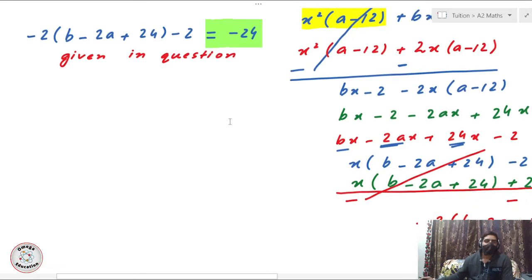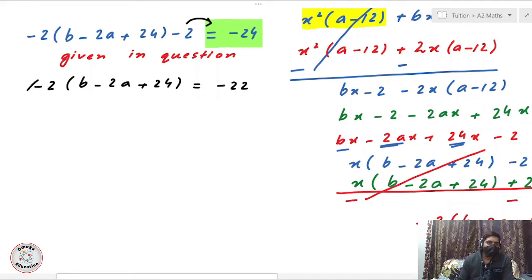Alright, so let's simplify it a little bit and try to write an equation in terms of a and b. So what you can do is negative 2b minus 2a plus 24 equals negative 22. You just shift this minus 2 to the other side.